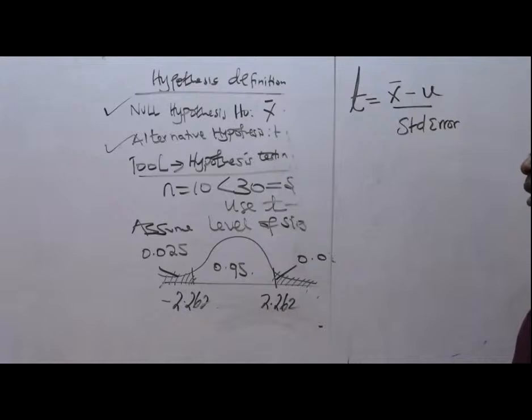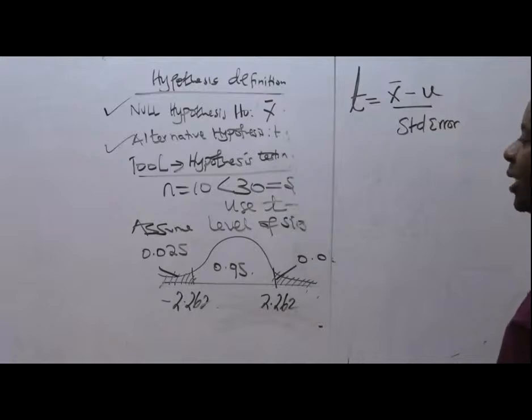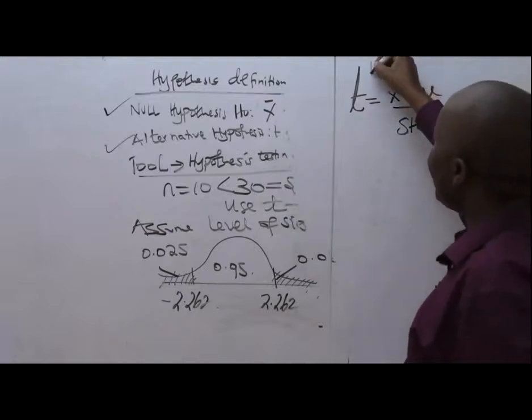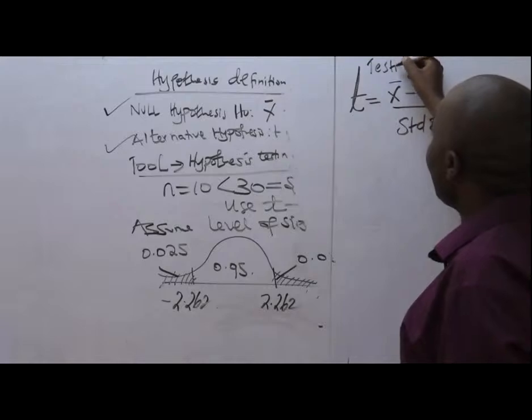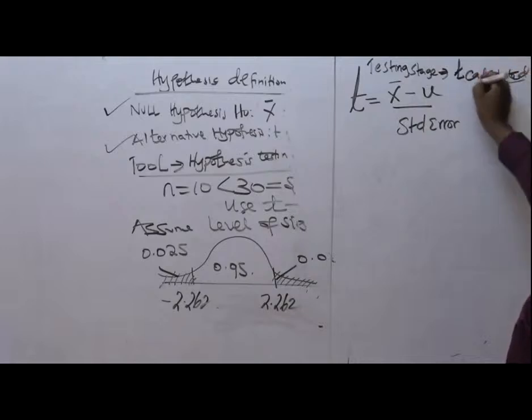We take X bar minus mu divided by the standard error. This is the testing stage. This is what we call the T calculated. So T equals X bar minus mu all over the standard error.